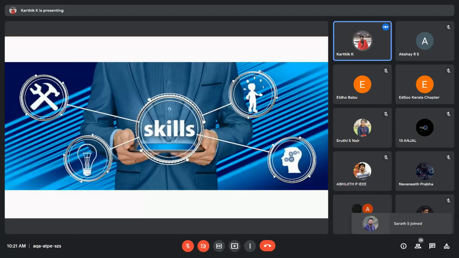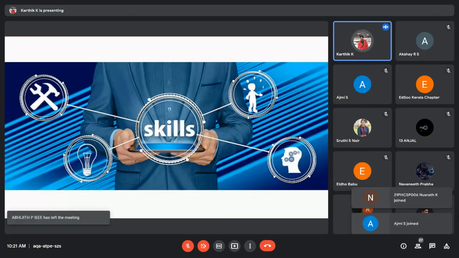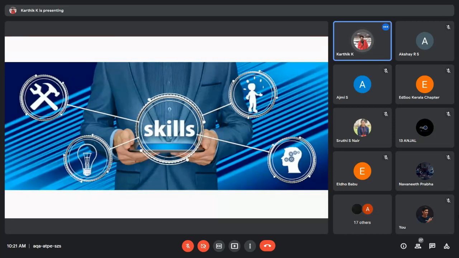But skills are not an entity that someone can spoon feed you and you get from them. You have to achieve it on your own with the help of daily practice, daily updating, and daily awareness of what is happening in the world. That is how you can gain skills.